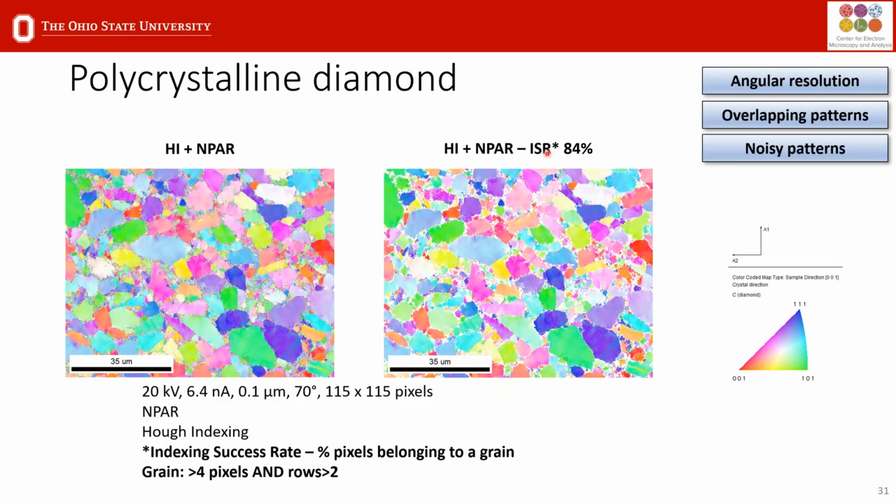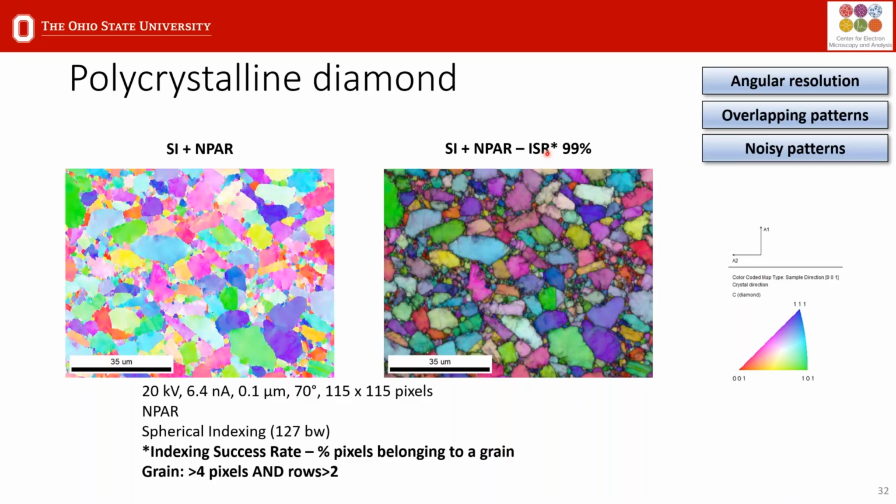In the OIM Matrix software, you can re-index the patterns after averaging them, and that improves the indexing success rate to 84%. And then if you apply spherical indexing, the indexing success rate jumps all the way to 99%. That's really important if you want to analyze the smaller grains sitting in between the larger grains, and with that, we also get an increase in the angular resolution.